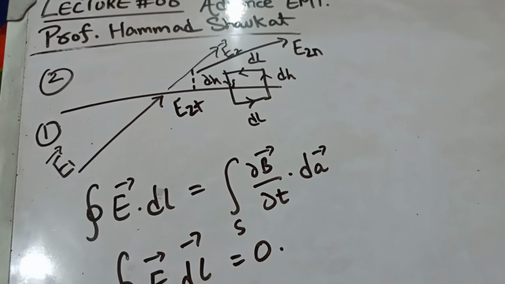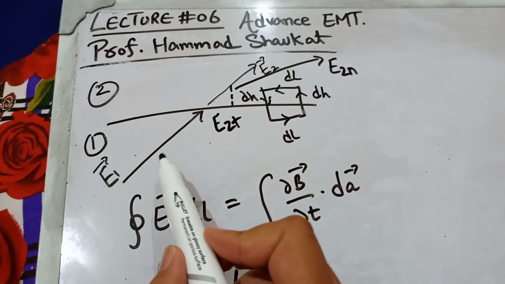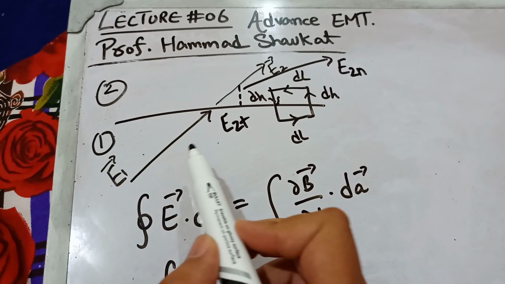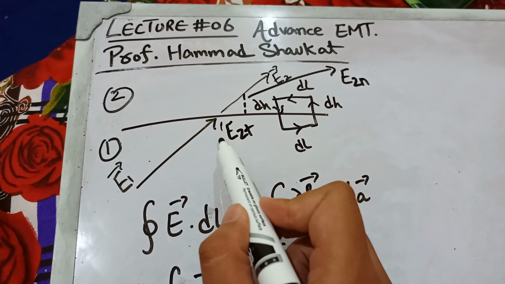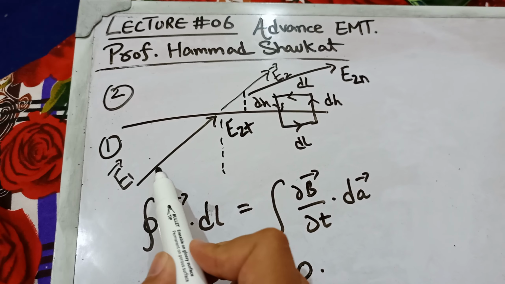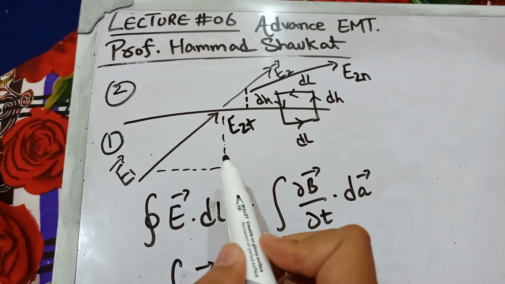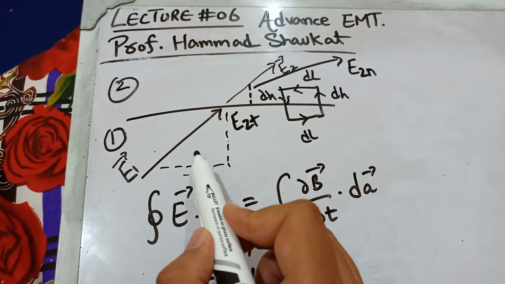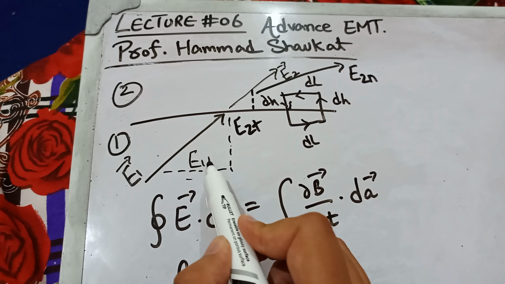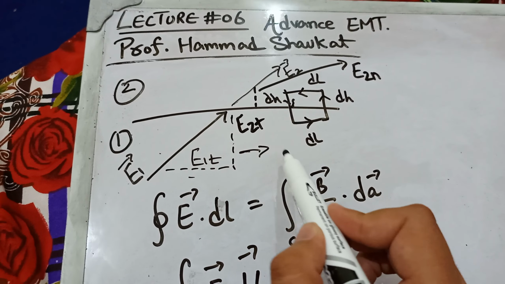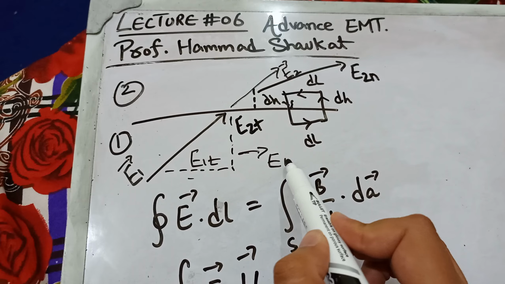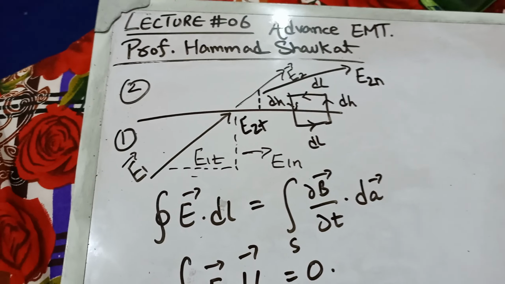Okay, similarly we have to make for this also. Let's resolve this and this. Similarly, this is the tangential, so e1t, and this one is basically e1n.